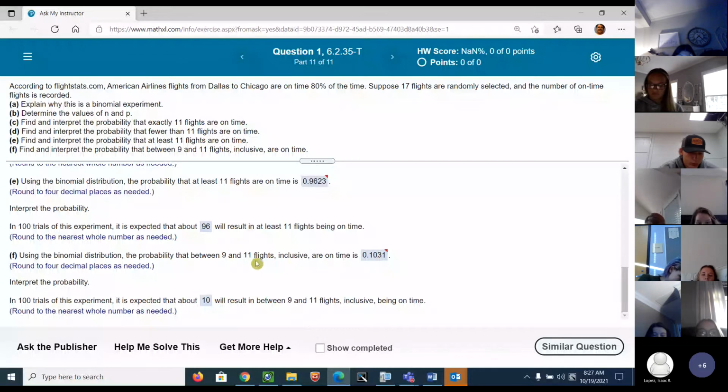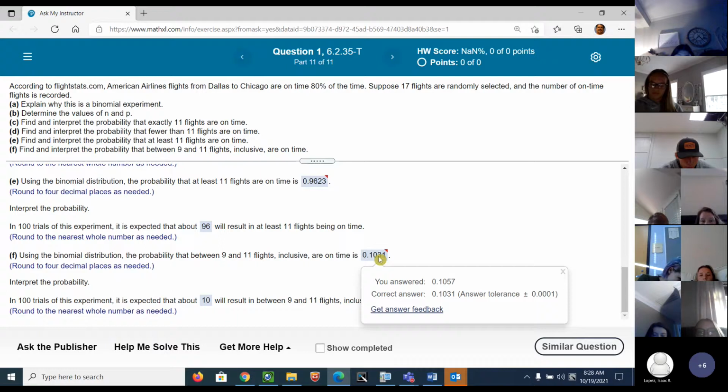Between 9 and 11 flights. They're not including 9 and 11. That means 10, right? The probability that between 9 and 11. What's between 9 and 11? 10, right? They're not including 9 and 11. Make sure I type that in right.